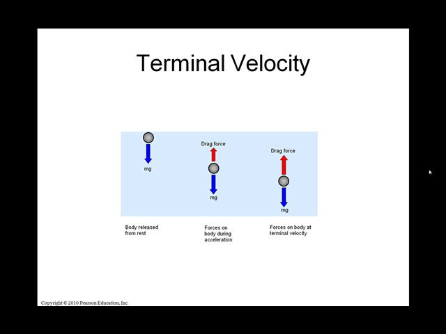The faster it falls, the more upward air drag there is on it. And at some point, the air drag is exactly equal and opposite to the weight acting on it, and it no longer gets any faster. It's at its fastest, terminal velocity. So in order for terminal velocity to occur, the air drag has to be equal to the weight.